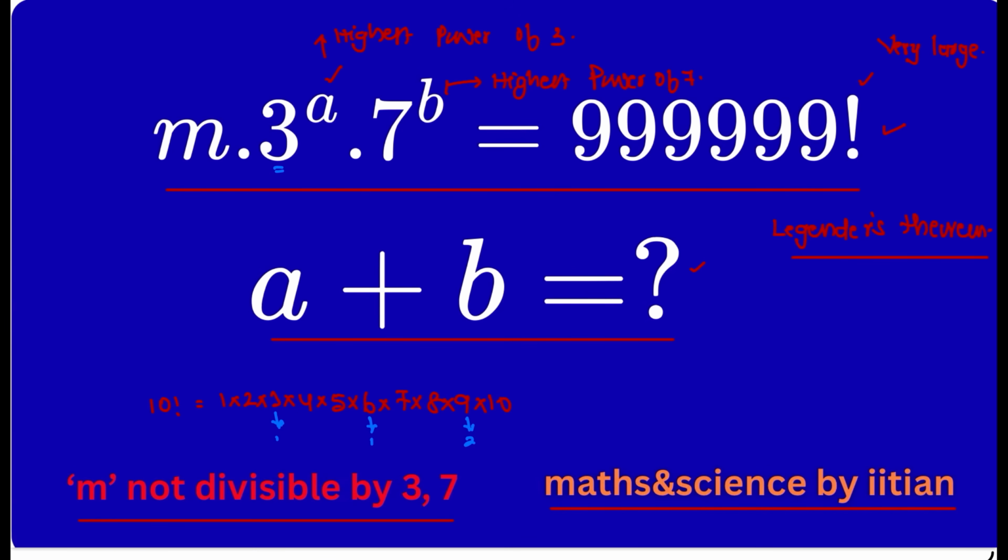Just for 10 factorial, a is 4 and b is equal to 1.